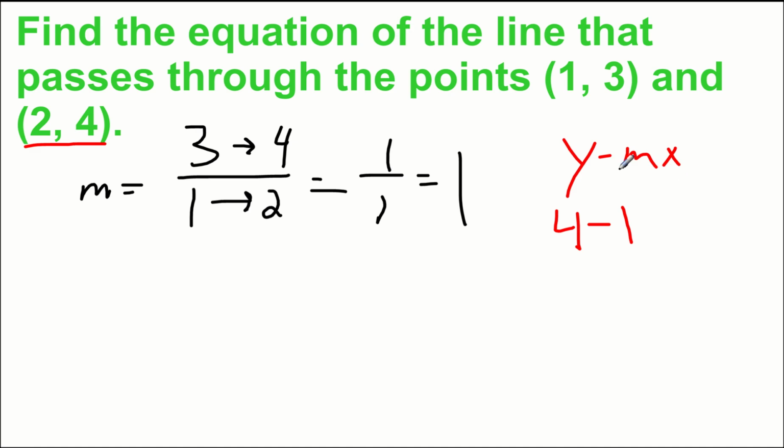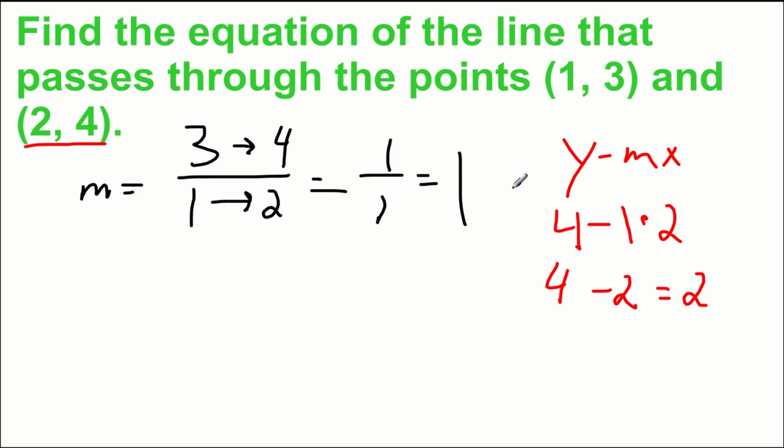When you've got 2 variables next to each other, that's multiplication. So we multiply by the x value for that ordered pair, which was 2. When we do order of operations, multiplication is done before addition or subtraction, so I have to multiply that first every time. So we do 4 minus 2. 4 minus 2 is 2.